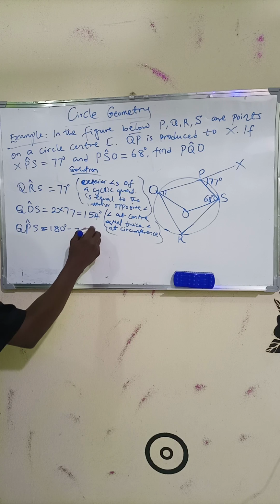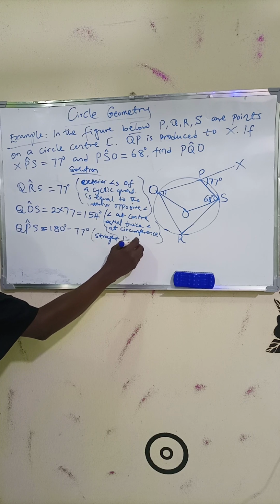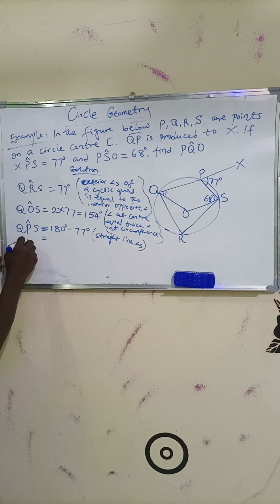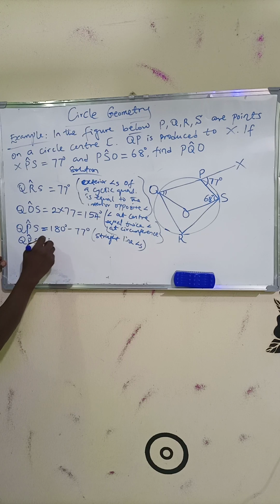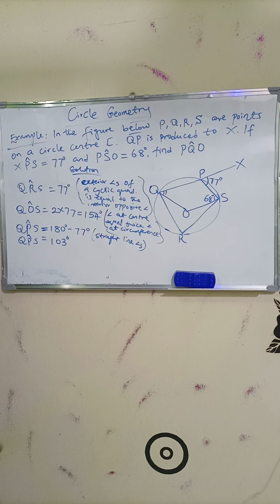So our reason is straight line angles, which means that we're going to get QPX is equal to 103 degrees. Okay, so let's proceed.